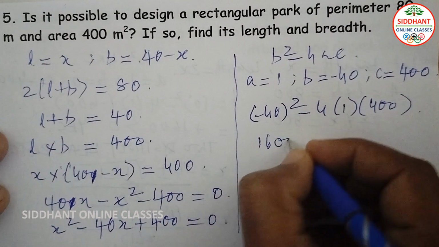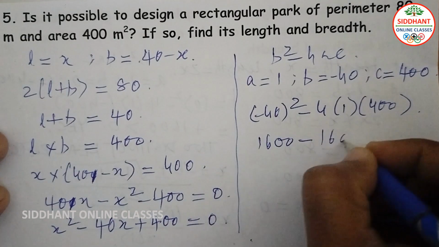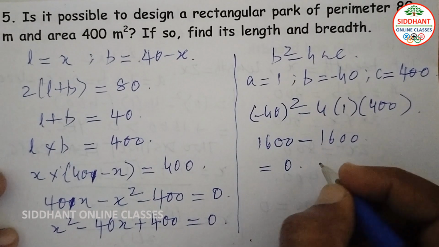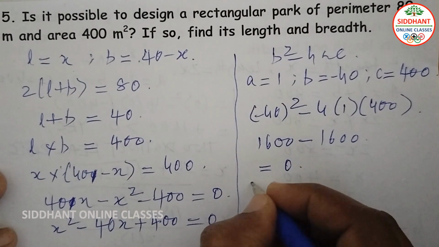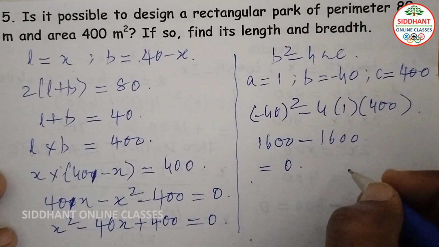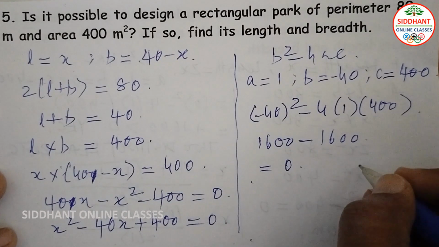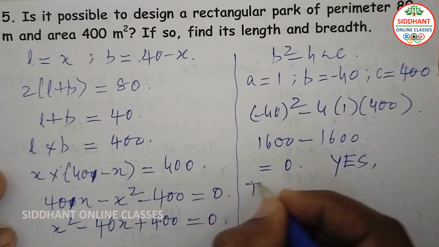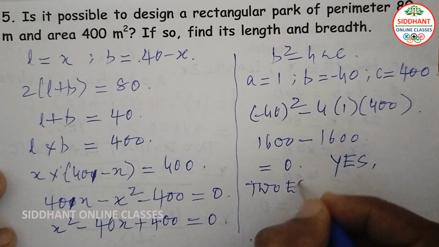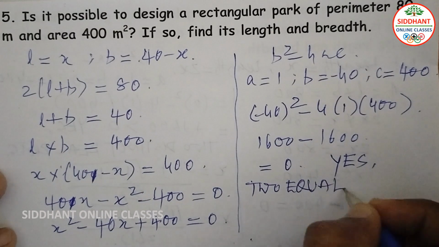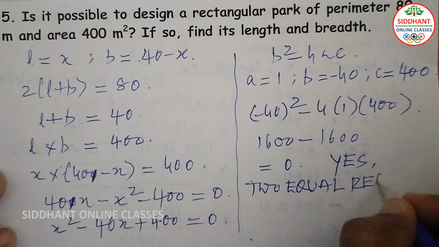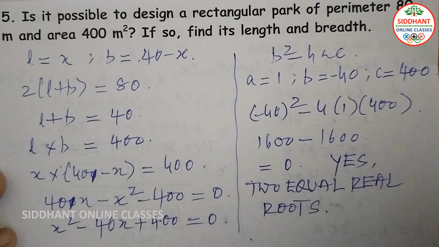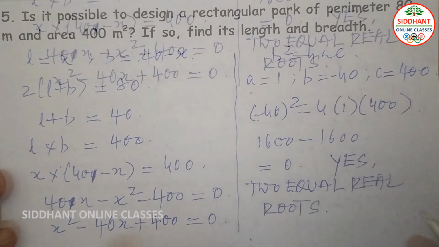So here 1600 minus 1600, so that will be equal to 0. So which is equal to 0, that means we can have the real roots. So answer will be yes, and we will have two equal real roots here.